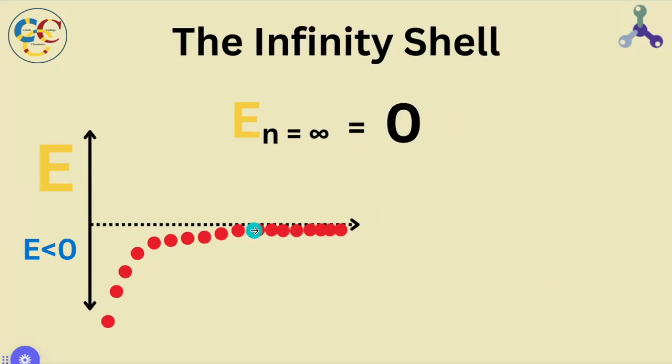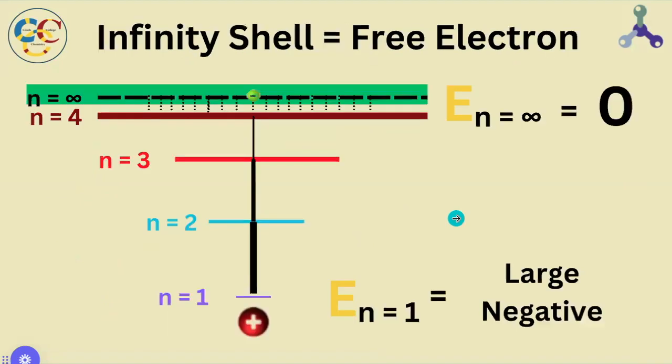So our x-axis functions as a horizontal asymptote because as n gets infinitely large, E gets infinitely close to zero. This is what it means to be a free electron, completely unbound by the atom. The energy is zero because there is no force between our electron and our proton.